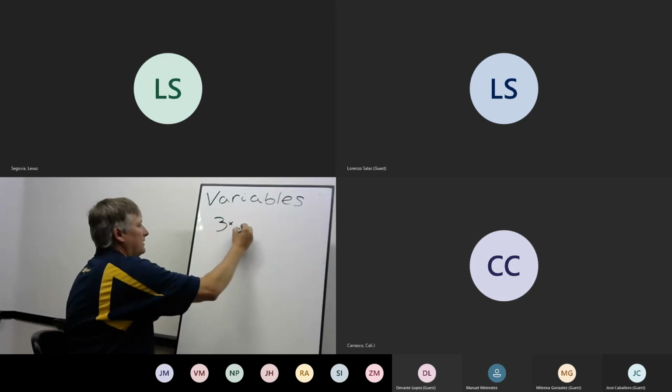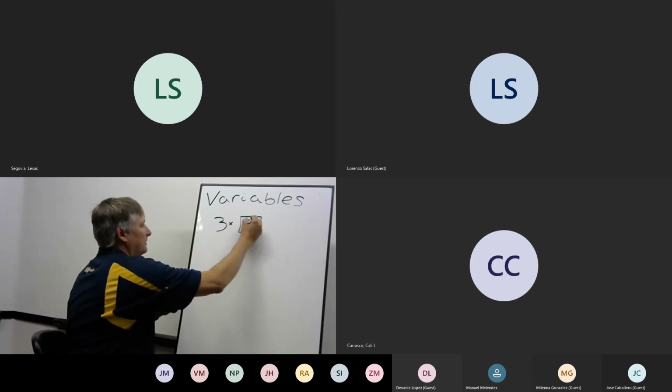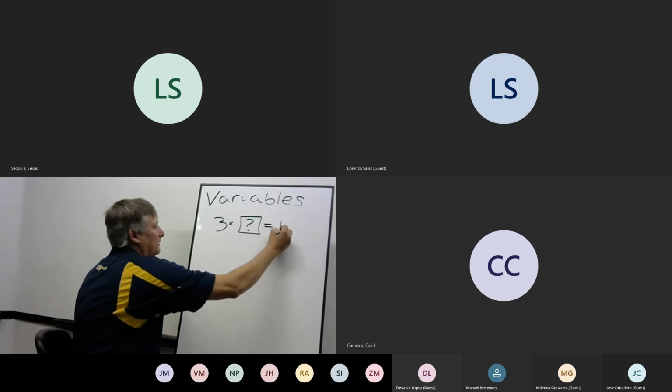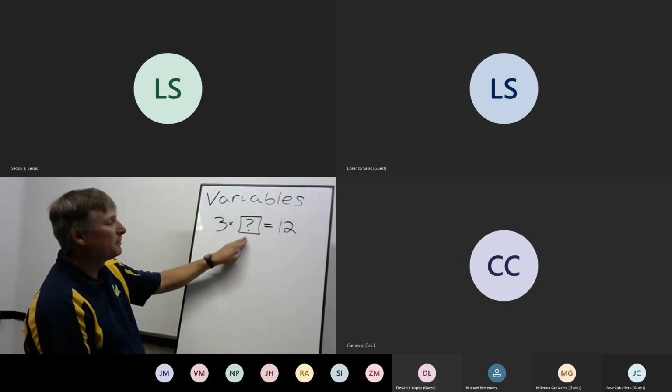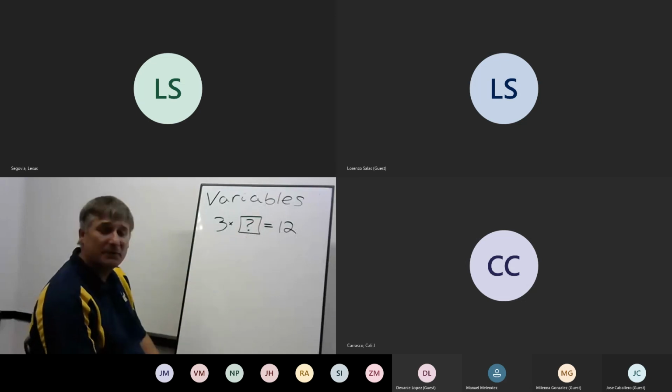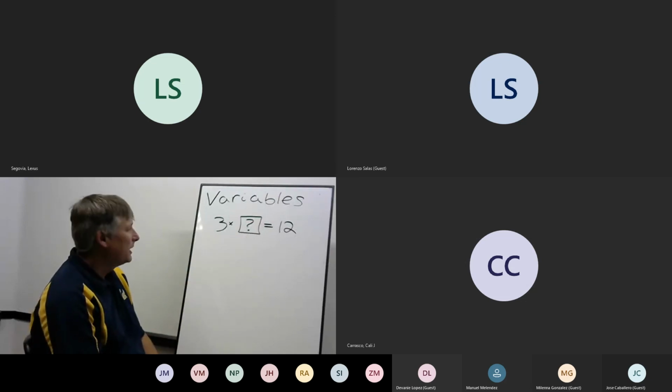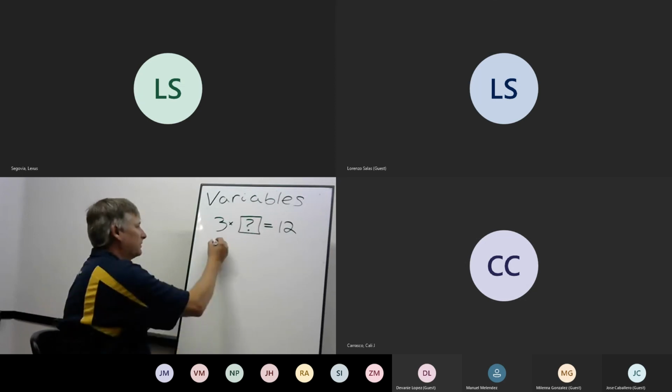3 times what equals 12? It's a riddle. There's a number that's missing. What is that unknown number? And you would look at this and say, well, it's got to be 4.